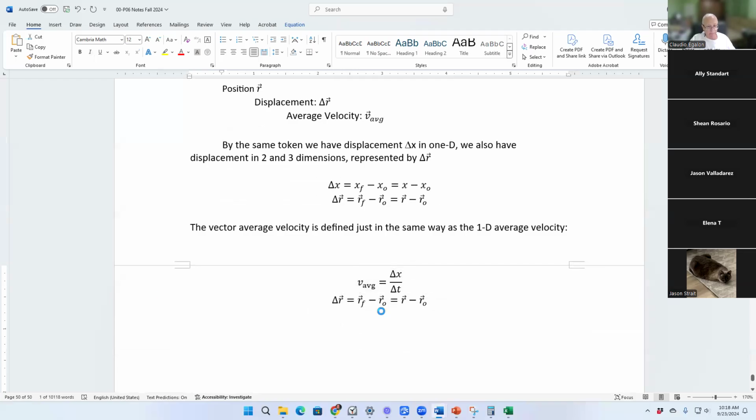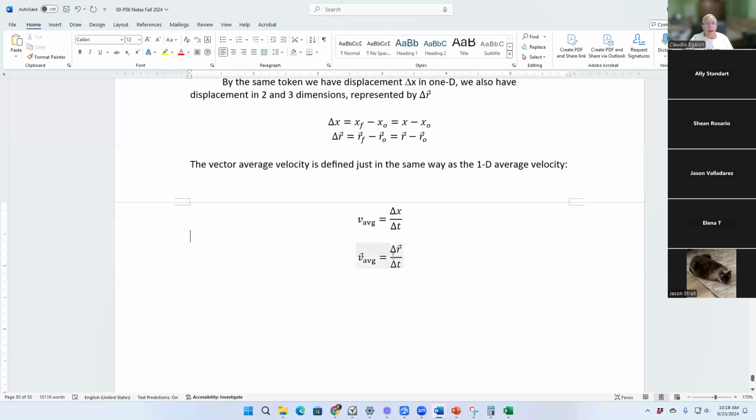All I have to do is put the arrow symbol at the top and replace delta x by delta R. Do you see here? A vector is being divided by a scalar. That's an allowed property.